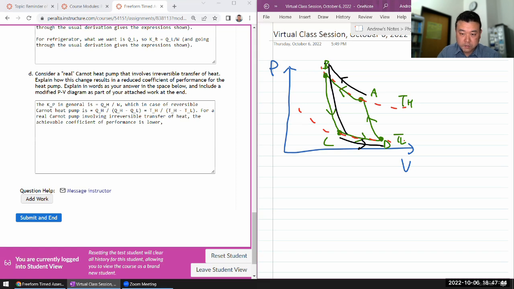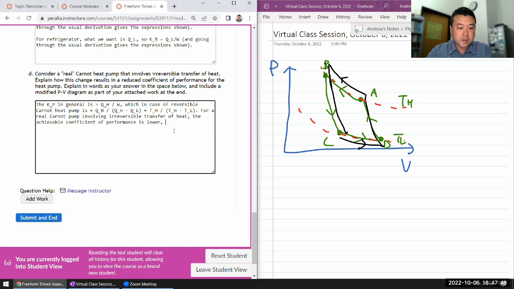So with the irreversible processes, what you are forced to do, because with the irreversible transfer of heat, the temperature of heat pump TH prime is greater than TH, and the temperature of heat pump TL prime is lower than TL.